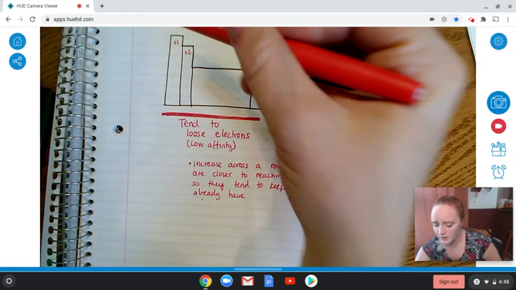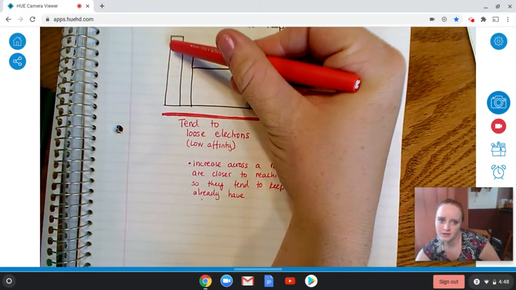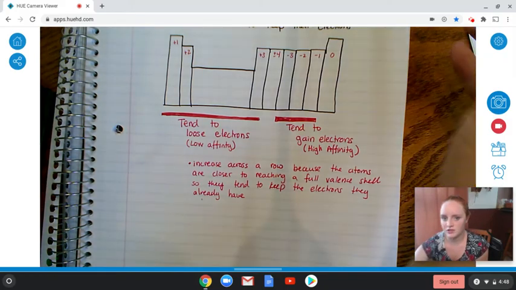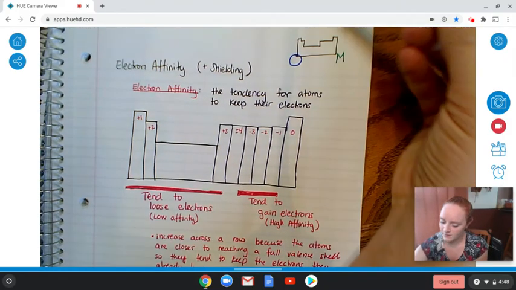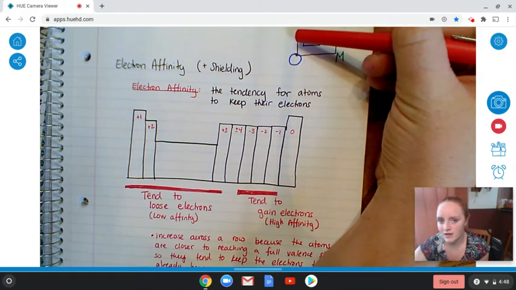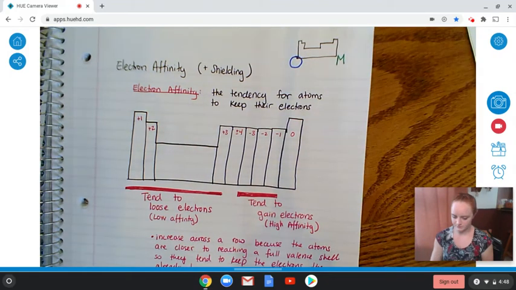Now, as we go down a column, the number of valence electrons doesn't change. What is changing, however, is the size of an atom. So as we go down a column, we get larger.